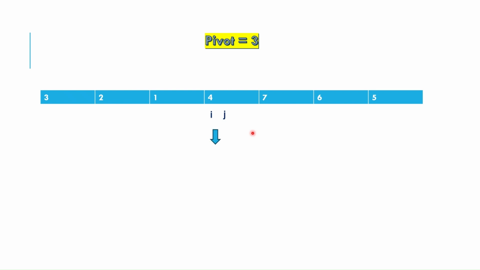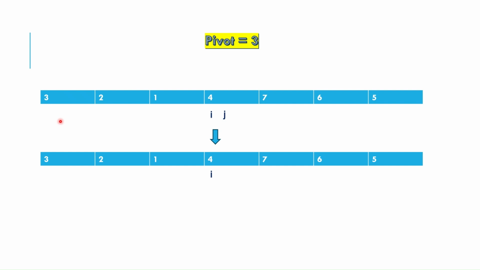Fine. Okay, let's again see, is 4 greater than 3? Yes. Again, see, J is continuously decrementing, because the condition is getting satisfied. 5 is greater than 3 satisfied, 3 is greater than 3 satisfied, 7 is greater than 3 satisfied, and 4 is greater than 3 satisfied.